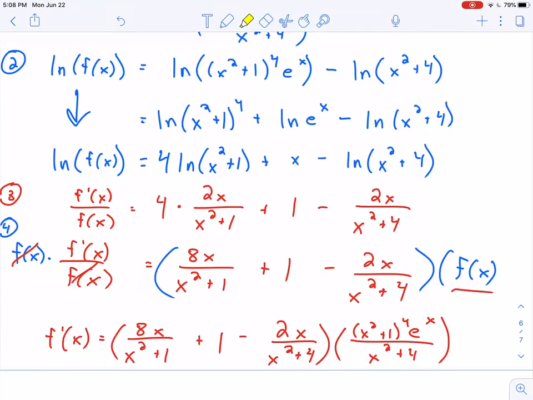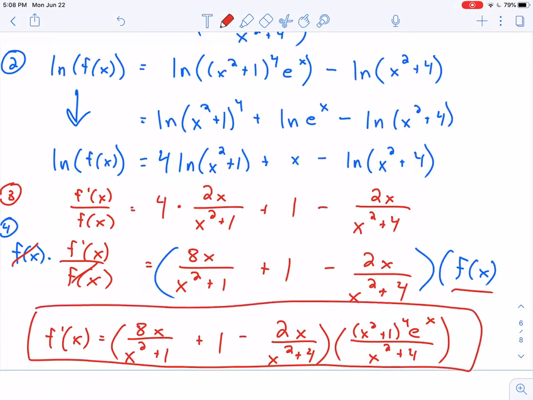Again, just make sure that you have parentheses around that first part of your derivative. We want to make sure that we include those, otherwise we will get the problem wrong. But at this point, we don't need to simplify it anymore. This is our solution. We are not going to do anything further with that because, boy, that is an ugly derivative.